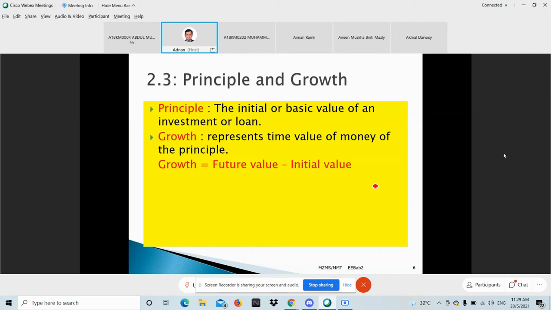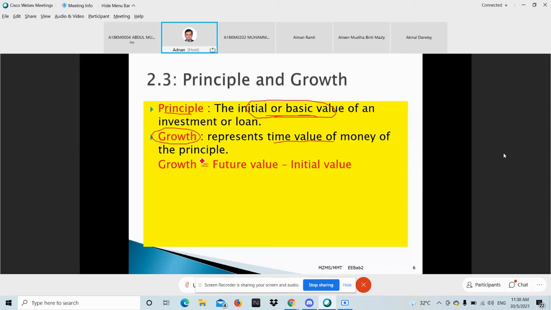In terms of principal and growth, what is principal? Principal is the initial basic value of investment, the basic value just now, 30,000. We call it principal. The growth is the time value of money. Growth equals future value minus initial value.